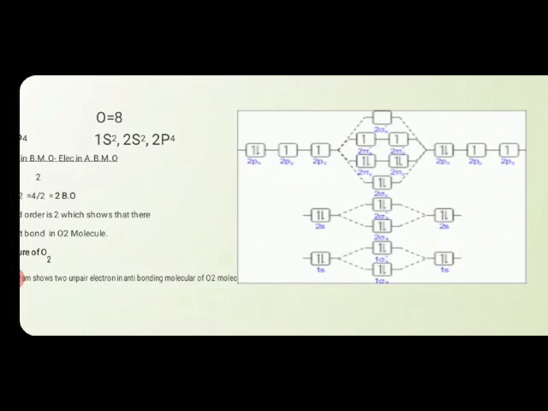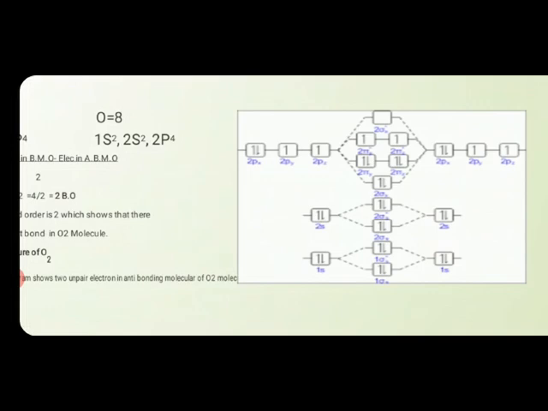The 2s orbitals will combine together to form sigma 2s2 and sigma star 2s2. Now 2px will join 2px forming sigma 2px and sigma star 2px.